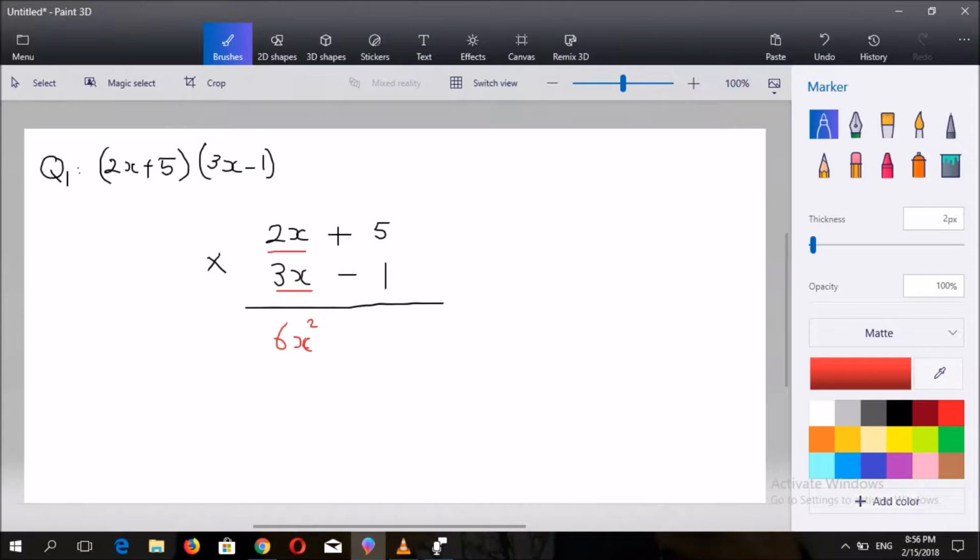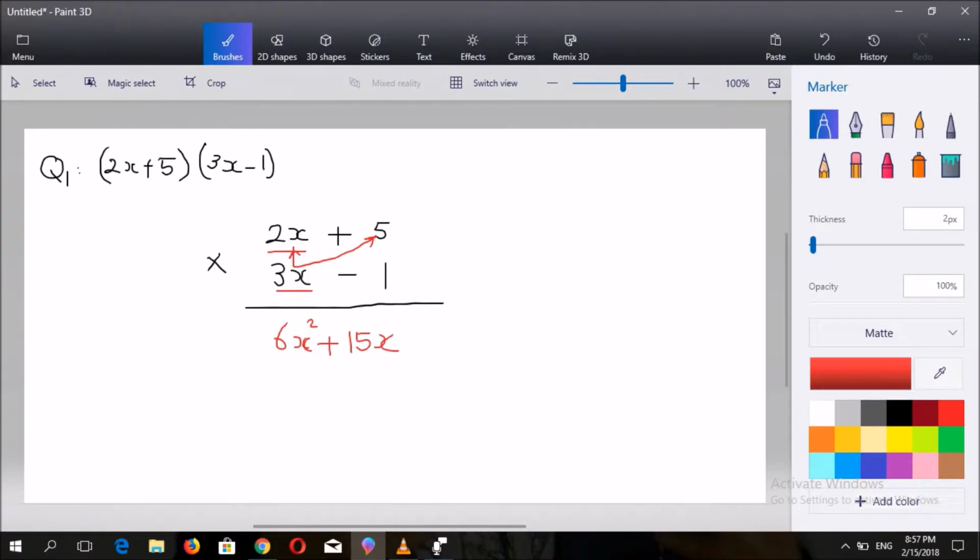The first thing we have to do is multiply the first term from each expression with each other. So 2x multiplied by 3x will give us 6x squared.